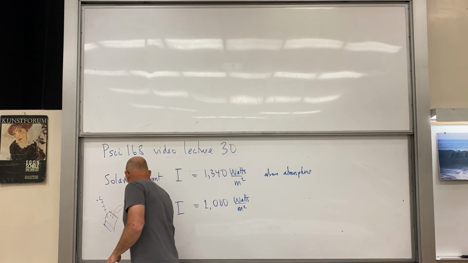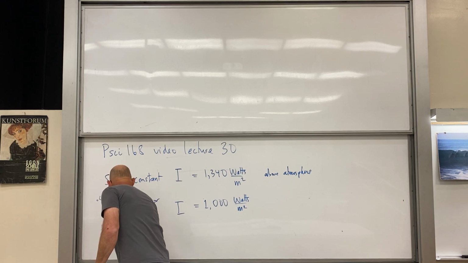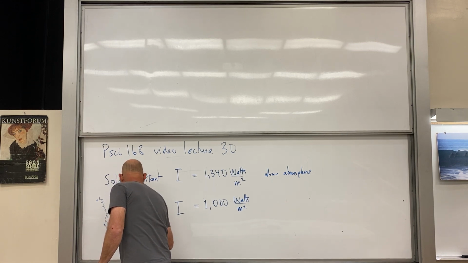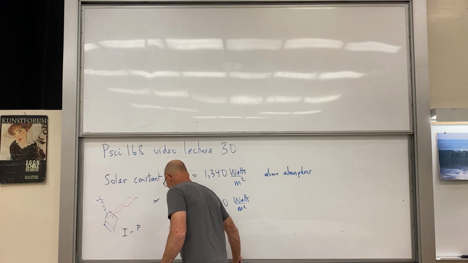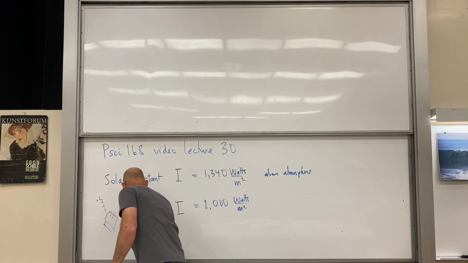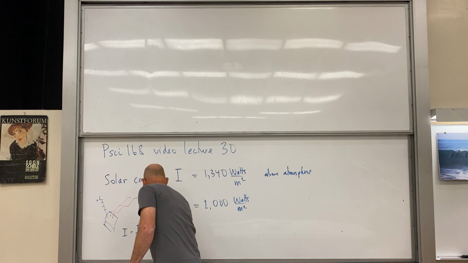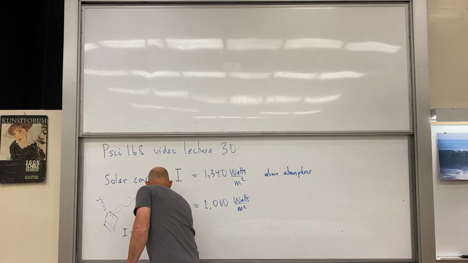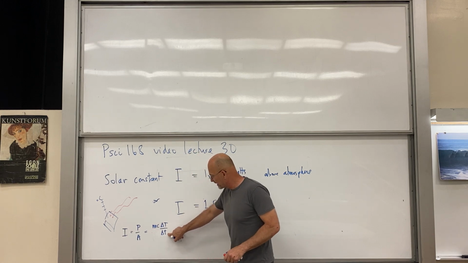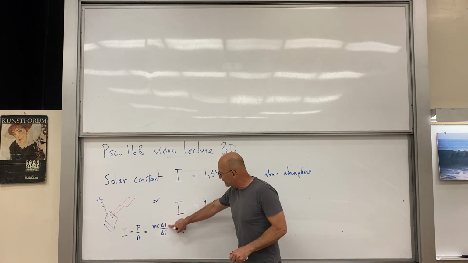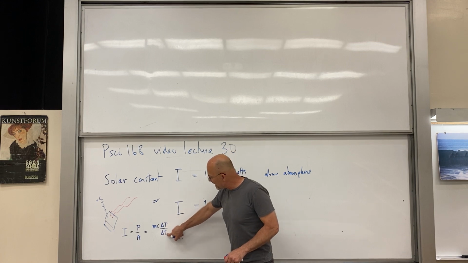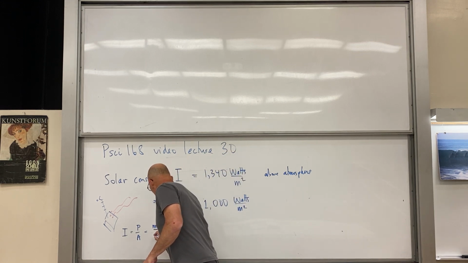And what we did was we constructed this expression to be P over A, power over area, and we said that was MC delta temperature over delta time. Okay, so MC delta T is an energy divided by time, which is a power, divided by area.